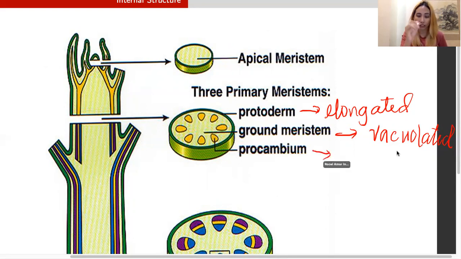It doesn't actually look like that. It looks more like a strip of tissue, no? It will give rise to phloem and then xylem eventually. All right, so these are some of the changes that happen to the cells of the apical meristem that give rise to the primary meristem.